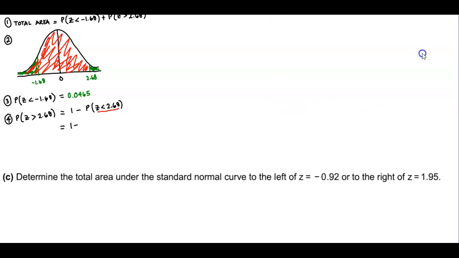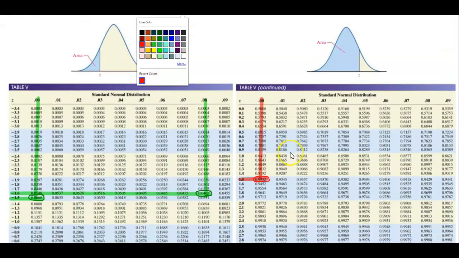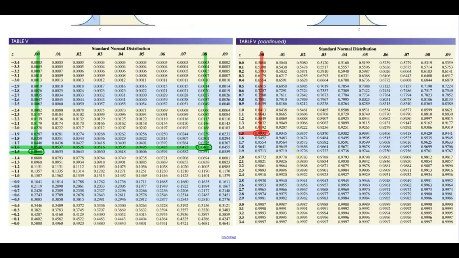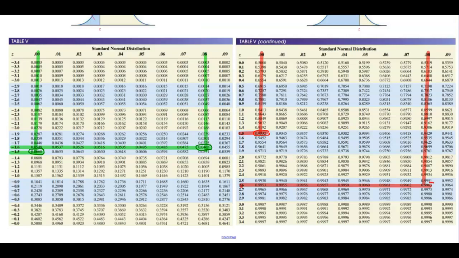So let's go ahead and take a look at our table again. And so we want to find 2.68. So here is 2.6, and then we're going to go all the way to 8. And from there, we can see that we get an area of 0.9963.